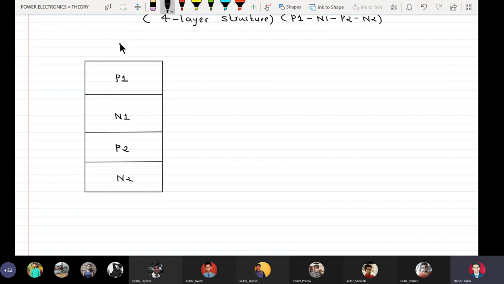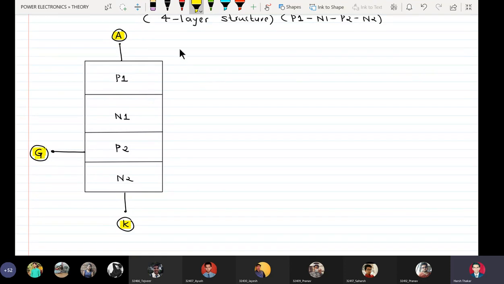Let us also remember that the anode terminal A is connected to the P1 region and the cathode terminal is connected to the N2 region or N2 layer. And here we have the gate connected to the P2 layer. So here we have anode, cathode and gate.